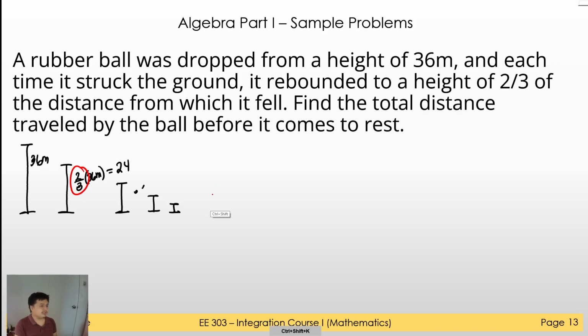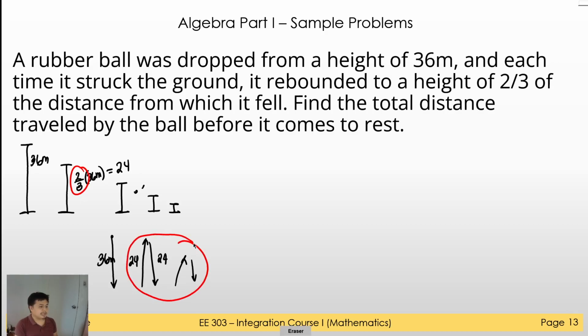Although be careful, this is a little bit of a trick. The first fall of the ball will be 36 meters. But after that, since it will rebound upwards and then downwards, this will be 24, and then this will be 24, and then it will rebound again. So we should multiply this sequence by 2 for this portion, and then we should add 36.